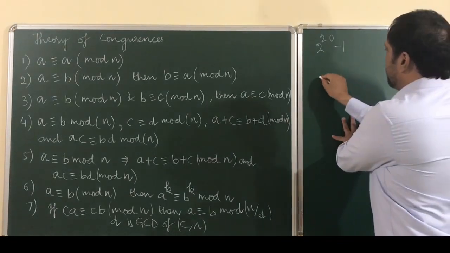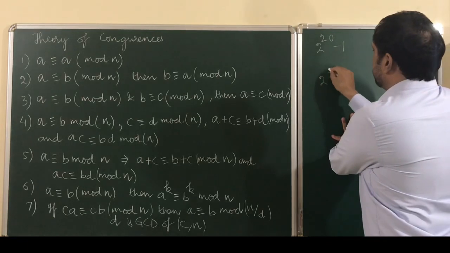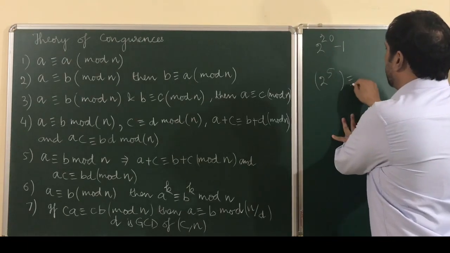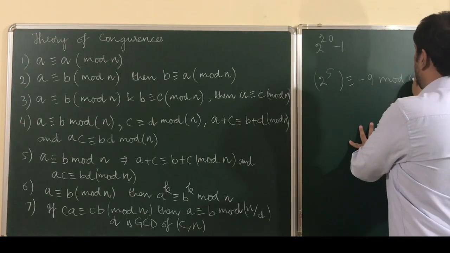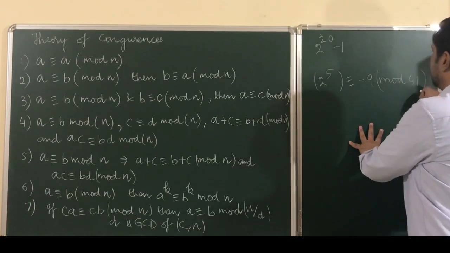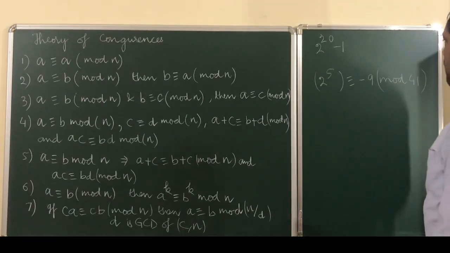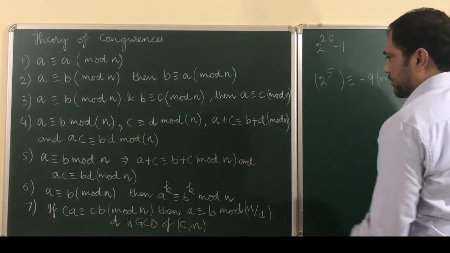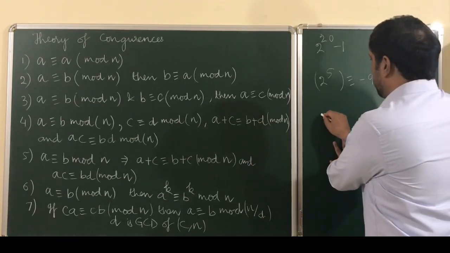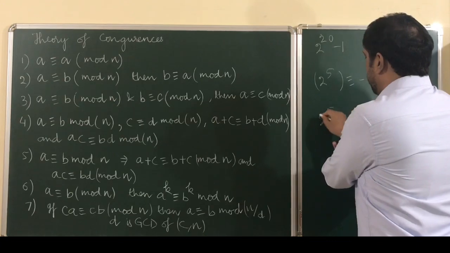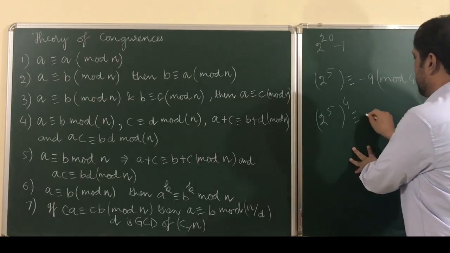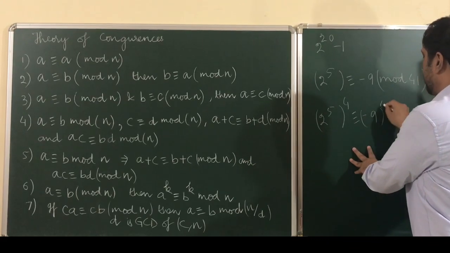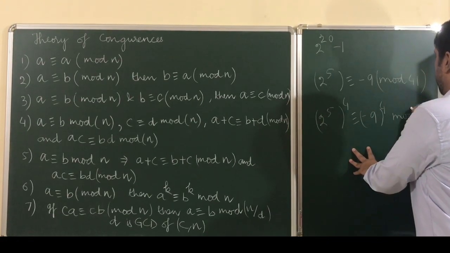We can write 2 raised to the power 5, which is 32, congruent to minus 9 mod 41. Further, again using property 6, you can write 2 raised to the power 5 raised to the power 4 congruent to minus 9 raised to the power 4 modulo 41.